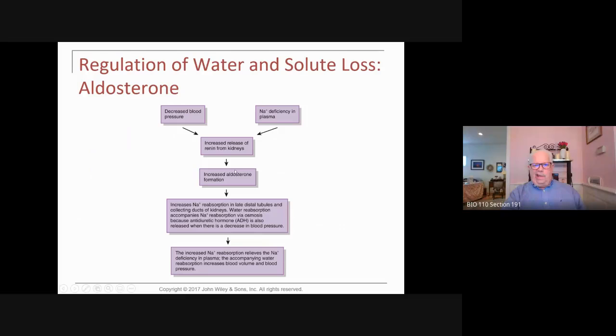You eventually get to aldosterone, which increases the sodium reabsorption in the collecting ducts, and your blood pressure rises because more sodium is reabsorbed. No angiotensin 2, no aldosterone, no ANP, and no ADH.